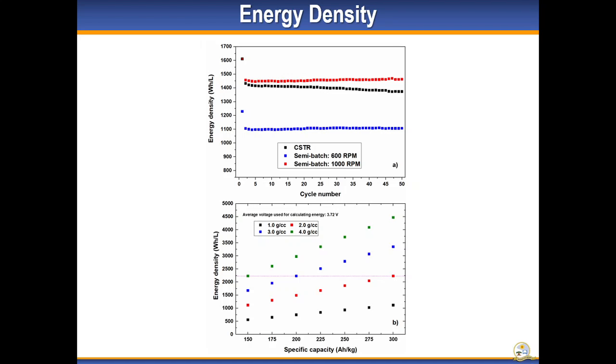So even with a material producing 150 milliamp hours per gram, you'd have to have a tap density of at least 2 grams per centimeter cubed at 300 milliamp hour per gram performance in order to get a similar performance.